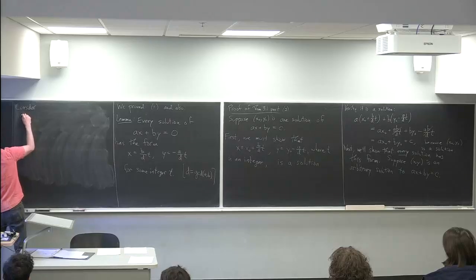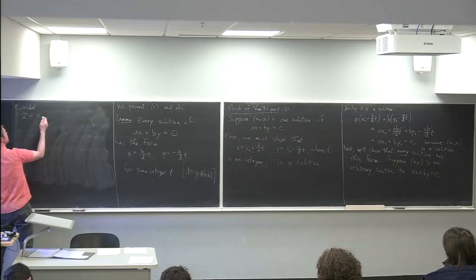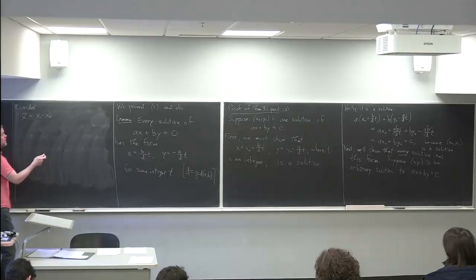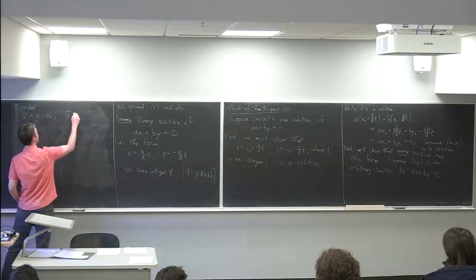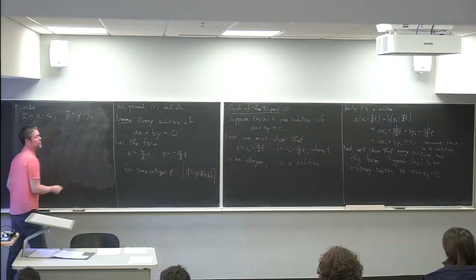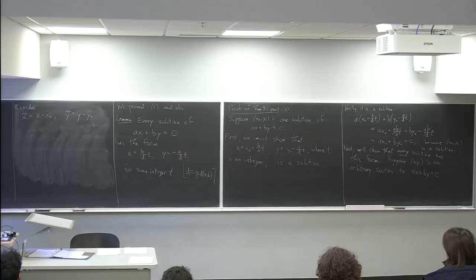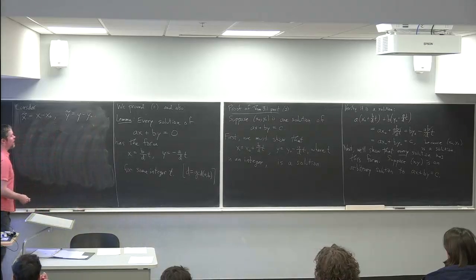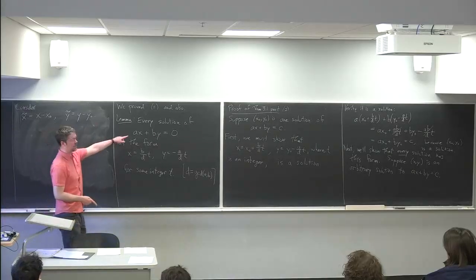Let's put a tilde on it. So let's consider the difference. Let's take x tilde to be the x that was handed to us minus the x naught we know about, and y tilde to be the y we were given minus the known solution's y coordinate, like that. So the point to consider about these things is that we'll show they actually satisfy this equation.